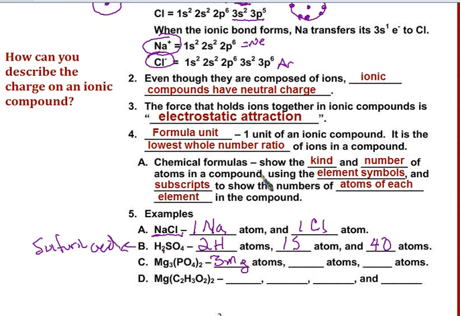Now, this PO4 parentheses 2 means that there's 2 of everything inside, which means that there would be 2 phosphorus atoms. And how many oxygens? Well, if there's 2 PO4s in there, that's going to be 8 oxygen atoms.